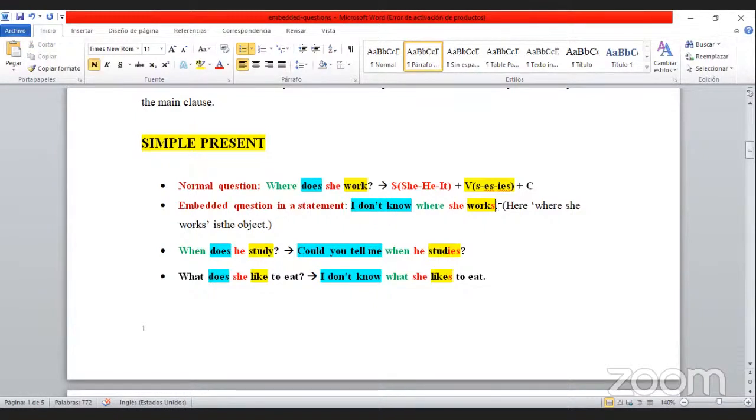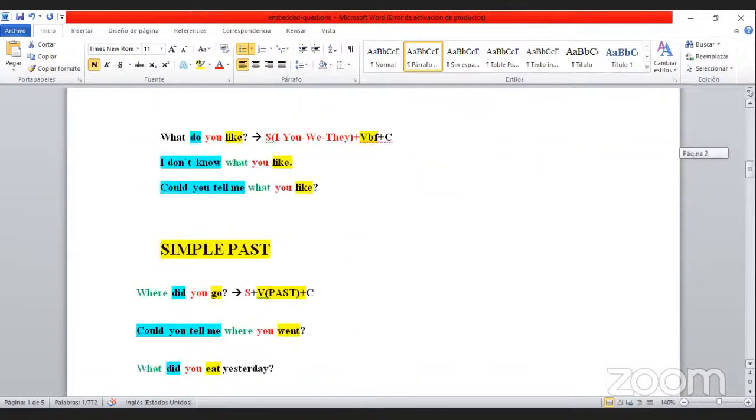Only a dot. But if we use an embedded question with an auxiliary that is not a subject, for example, could, do, would, I will use a question mark, okay? This is the only difference between the embedded questions when we convert to questions, okay? Great, so this is for third person.